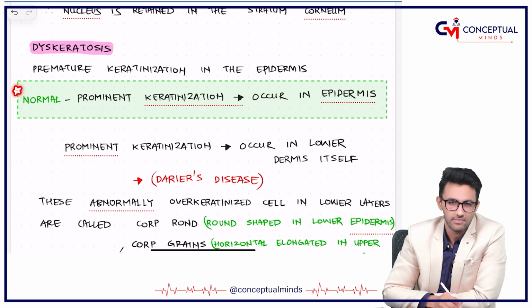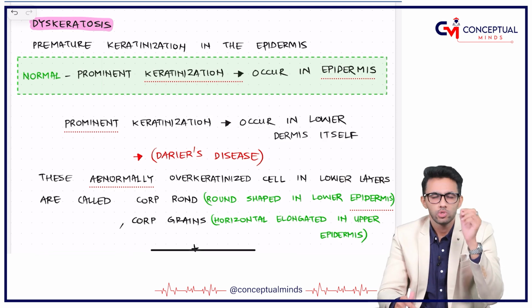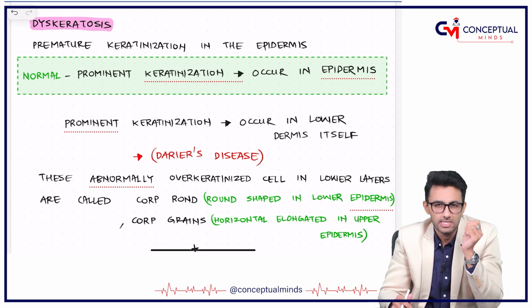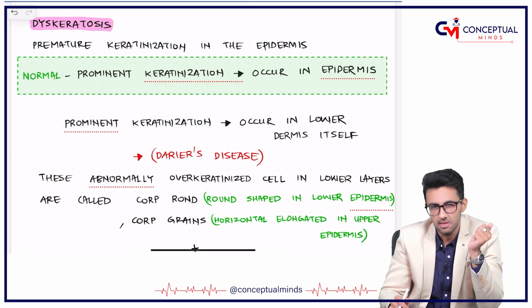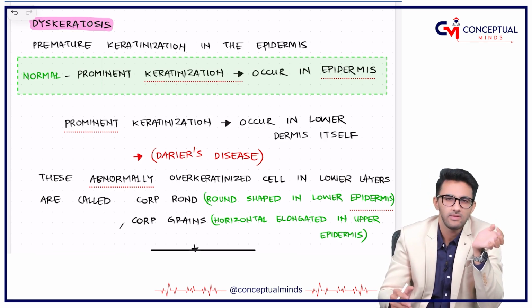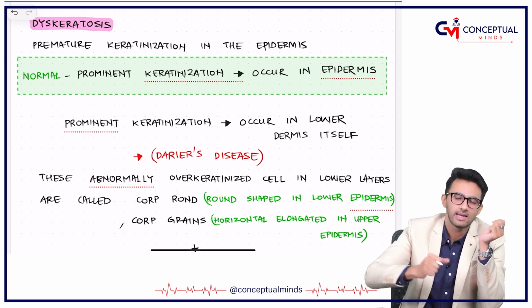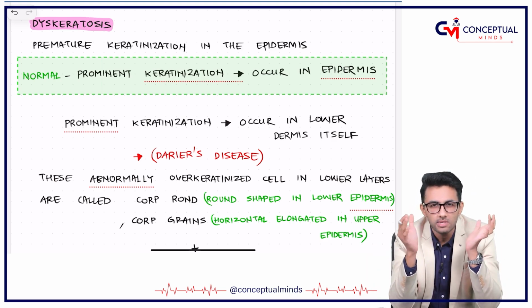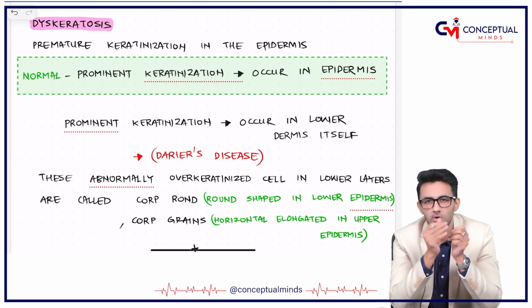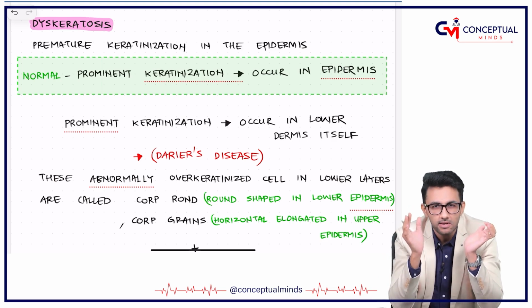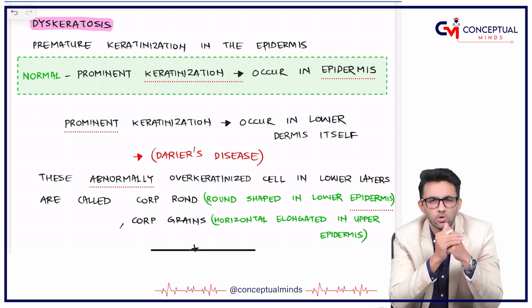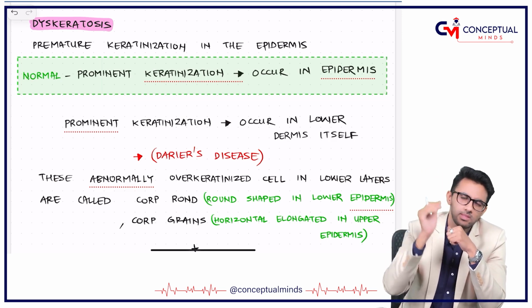In this condition there is prominent keratinization. On the top layers we need keratinization, but if it occurs in the lower layers, do you think you need keratin? We do not need so much tensile strength. We need keratin just in the top parts, right?